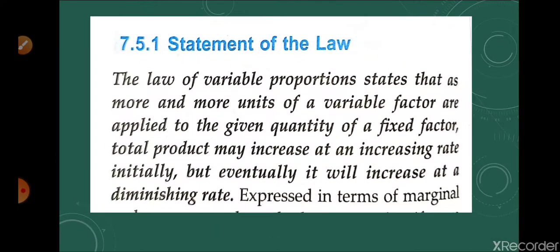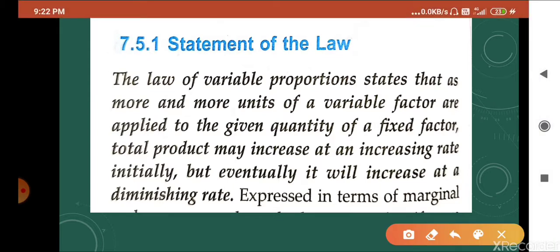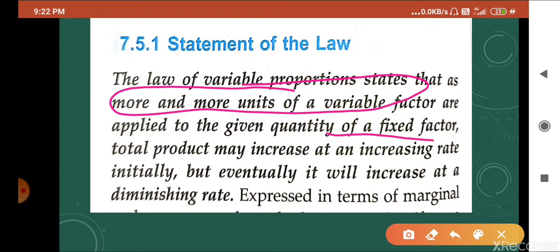First of all, the statement. The law of variable proportion states that more and more units of a variable factor, and here you have to underline this, are applied on a given quantity of fixed factor, total product may increase at an increasing rate initially, but eventually increase at a diminishing rate.